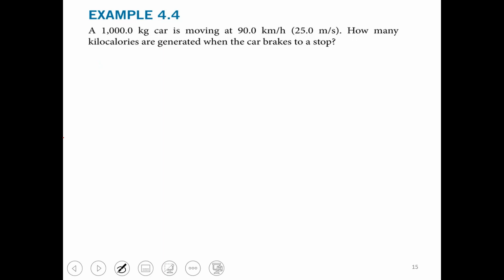This car has mass equal to 1,000 kilograms. The velocity is 25.0 meters per second. Then how many kilocalories?